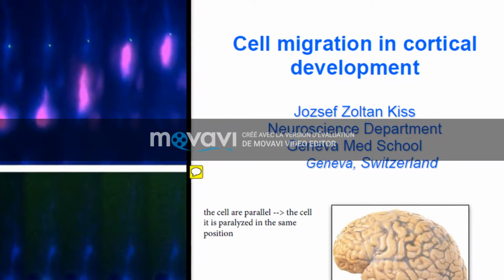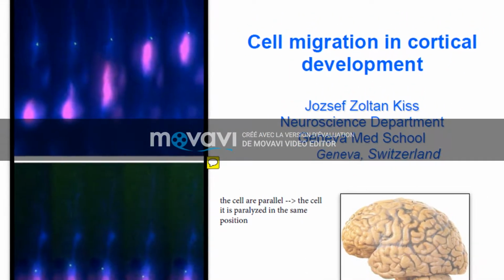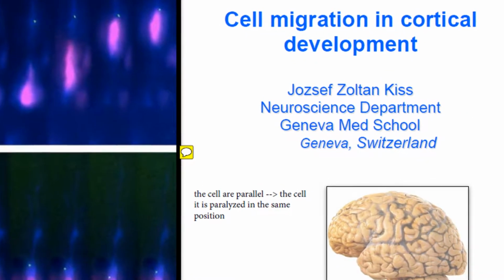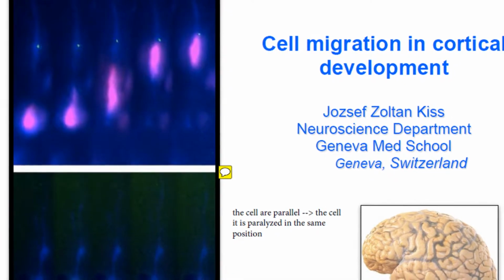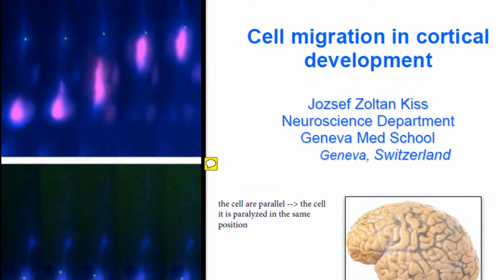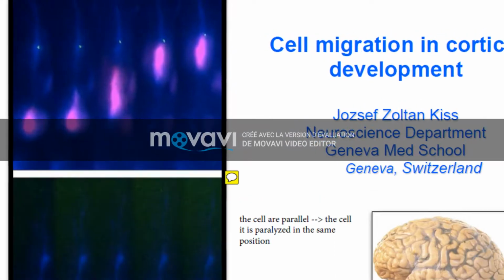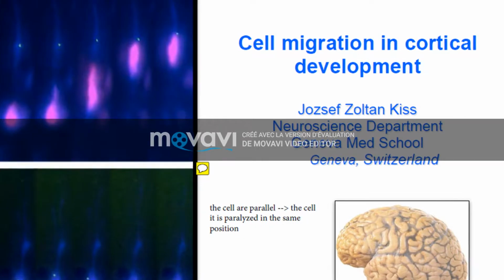Let's see. We also have a second type of organization, in addition to this horizontal, layer-like organization, this millefeuille, the cortex. We have a sort of vertical organization, perpendicular to the surface. This is what we call the columnar organization.